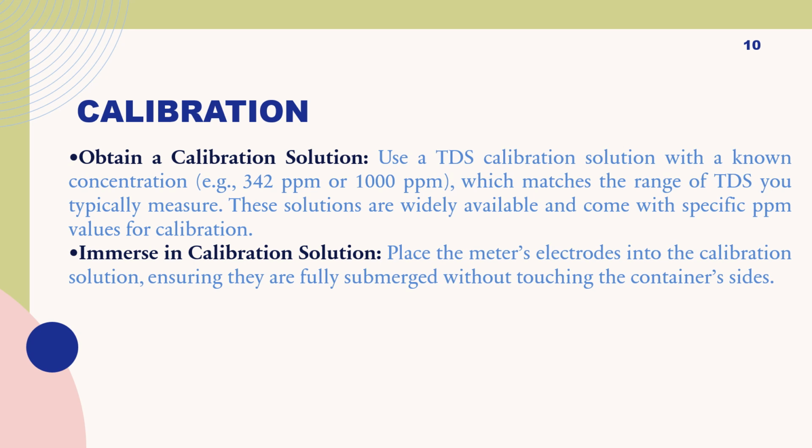Store it in a safe place, ideally with a protective cap to maintain the calibration. Regular calibration, especially for professional use, ensures accurate and reliable TDS readings. It is typically recommended every 2 to 4 weeks or after heavy use.